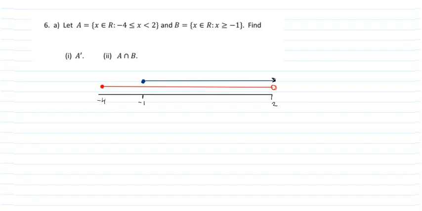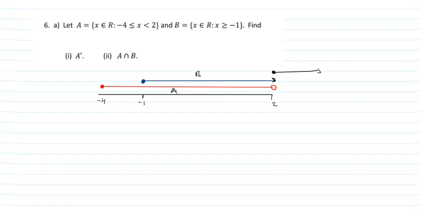This was set A, and this is set B. So A complement is this region. 2 wasn't part of A, so A complement will cut at 2 and go this side.